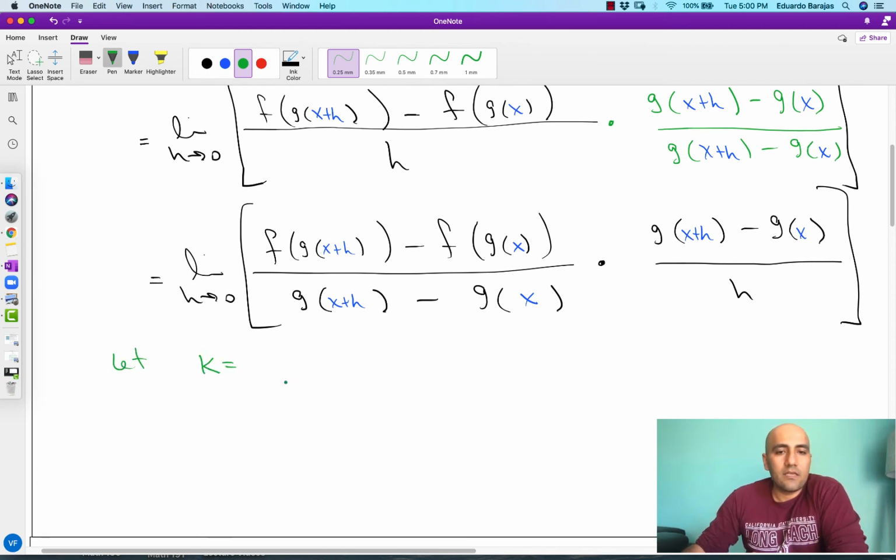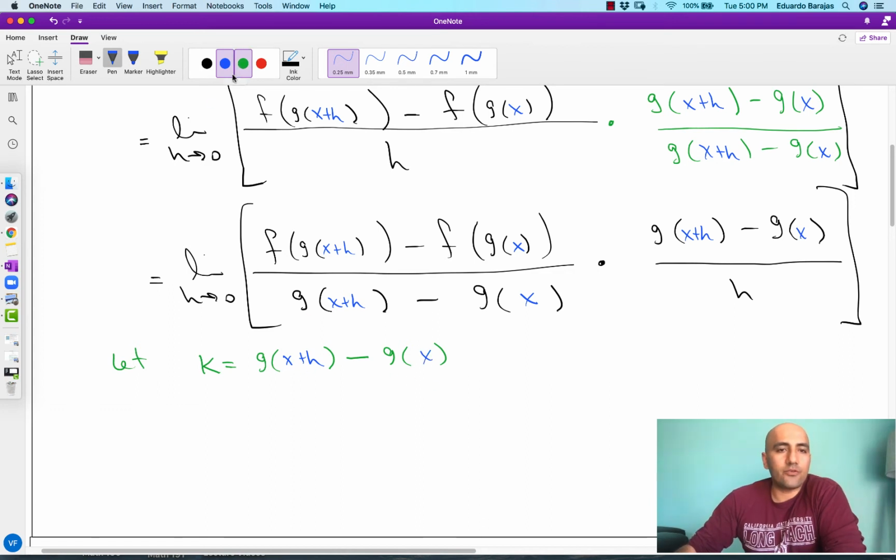k equal to, well, actually, that's fine. Let k equal to this difference down here. It's the g of x plus h minus the g of x. X plus h minus x.